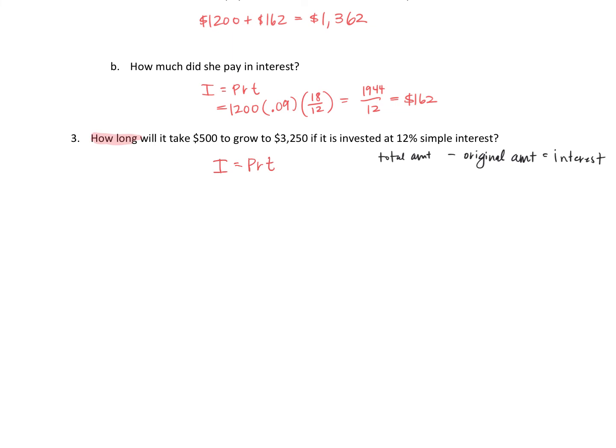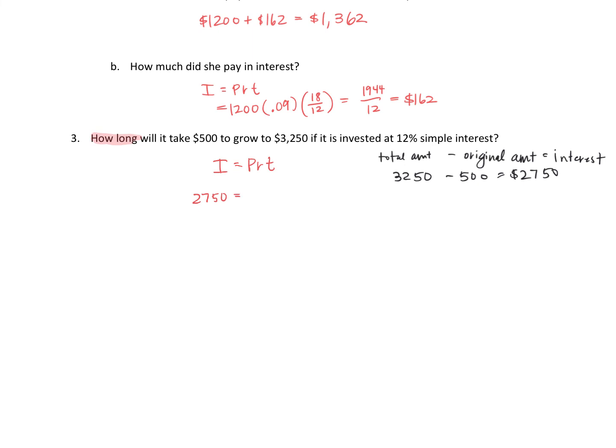And so in this case, we have at the end, the total amount you want in the account is $3,250. And you're going to start with $500. So when you subtract $3,250 minus $500, you get $2,750. So that's how much interest you want to earn. So that goes in I. So $2,750 is the amount of interest you want to earn.